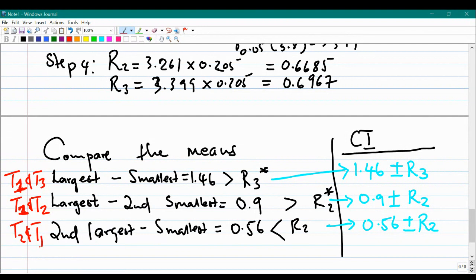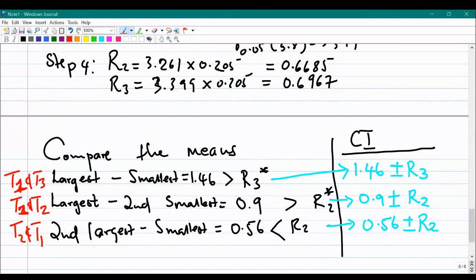Are we not supposed to compare T1 minus T2 with R3? I said largest minus smallest. What is largest minus smallest? I mean T1 minus T2. Are we not supposed to compare it with R3? 0.9.